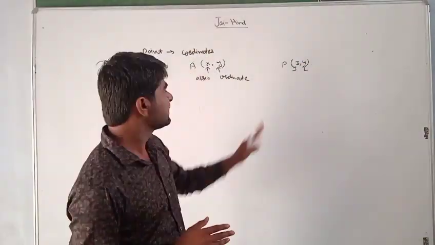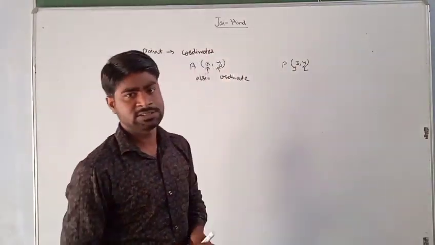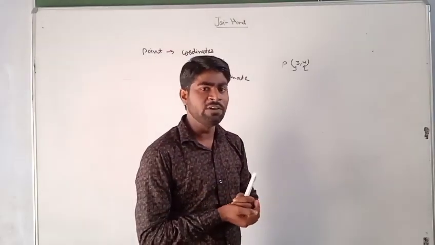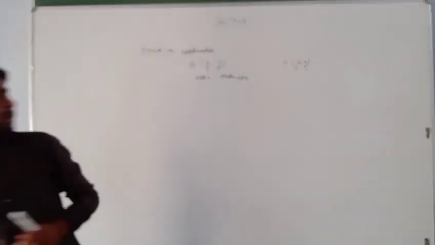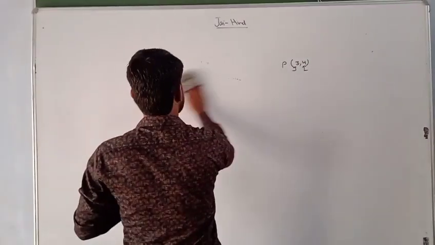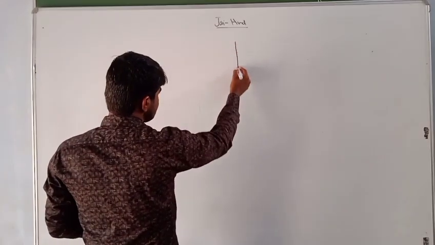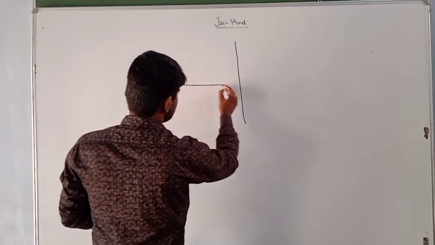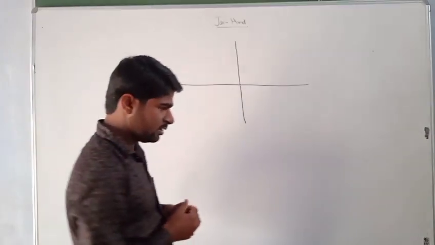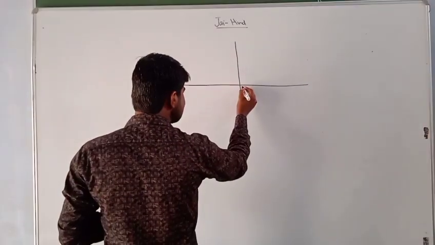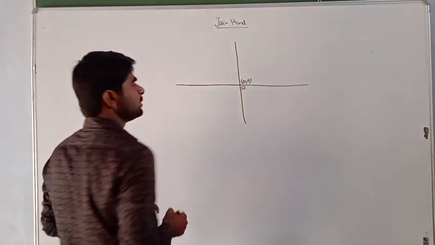After discussing this, we will discuss quadrants, what they are and how they are related to a point. All of us are familiar with this figure. This is the origin point O, whose coordinates always remain (0, 0).